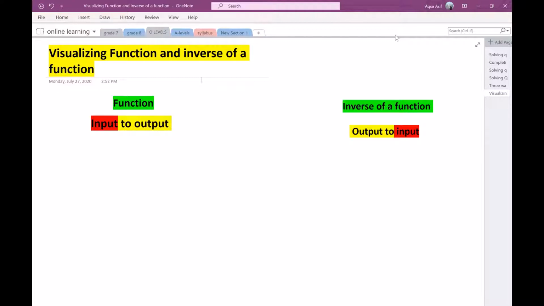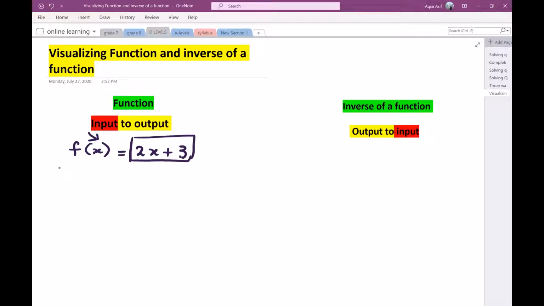So first of all, we need to understand what we mean by a function. For example, if you have a function f of x is, let's take a straightforward function, 2x plus 3. There are two elements involved in it. f of x is equal to 2x plus 3 means if you give x different values, you will get different values for the right hand side.